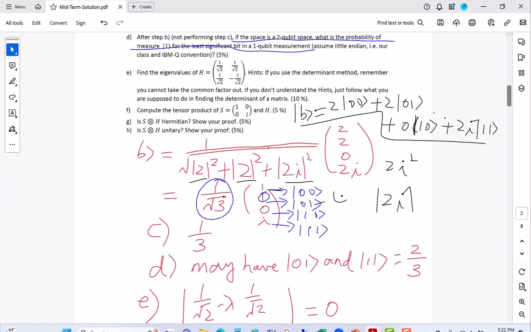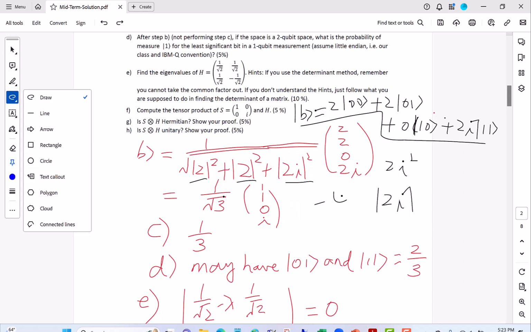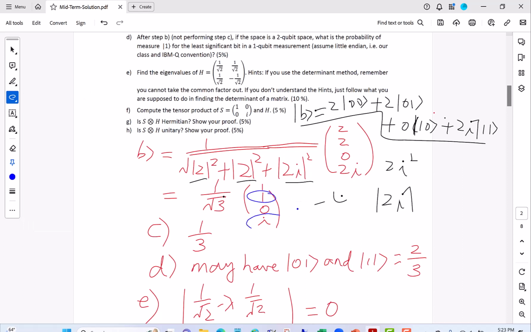So both of them have a probability of 1/3. Now maybe a little bit messy, right? Do you see that? This is 1, this is i. Both of them scaled by 1/√3, right? So their magnitude is 1. Again, not i squared, it's magnitude of i squared. Okay, so that's why you get 1/3, 2/3, because you can get 0, 1, or 1, 1 if you only measure the last qubit, right?